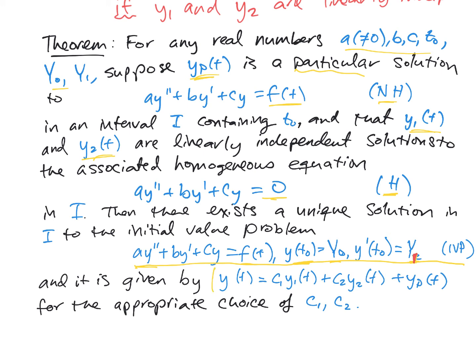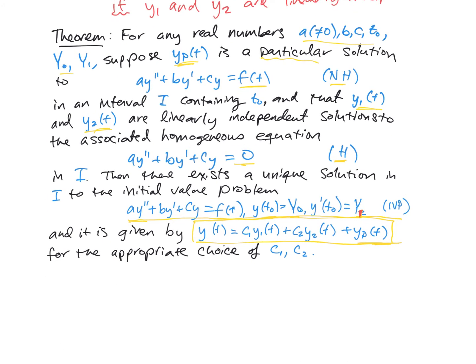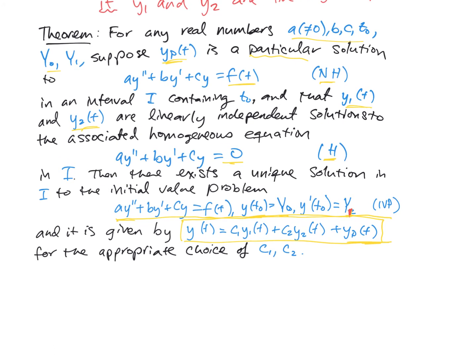It's given by this formulation right here, where you have y1 and y2 times some constants, plus your particular solution, which doesn't have a constant by it. Okay, so this is how you solve initial value problems for the non-homogeneous equation. And I'm gonna pretty much skip the proof.